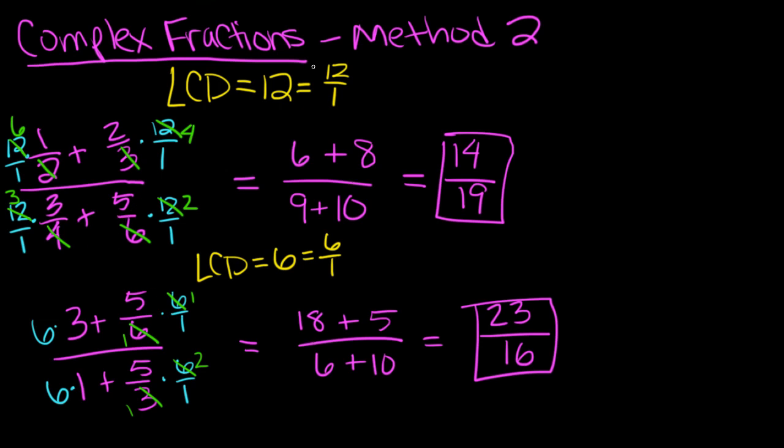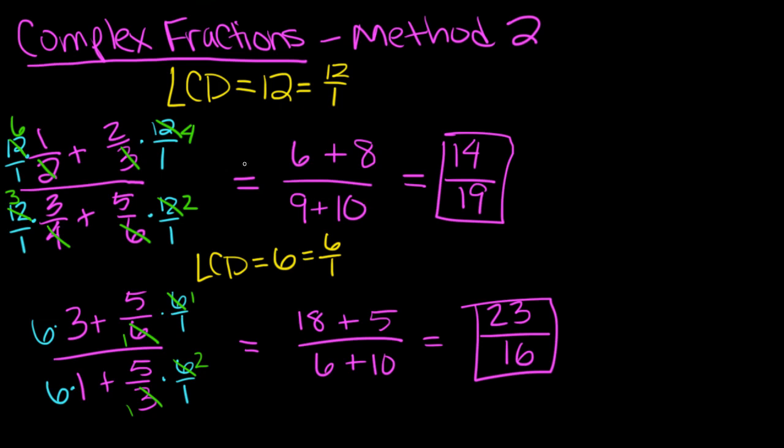The other thing to keep in mind is that after you've multiplied everything by the LCD and you cancel, if you're still left over with fractions, then you made a mistake. And precisely your mistake was that you either canceled wrong or that your LCD is wrong.